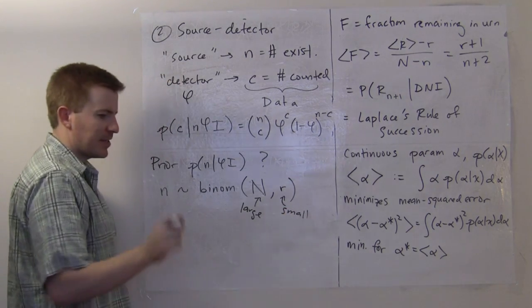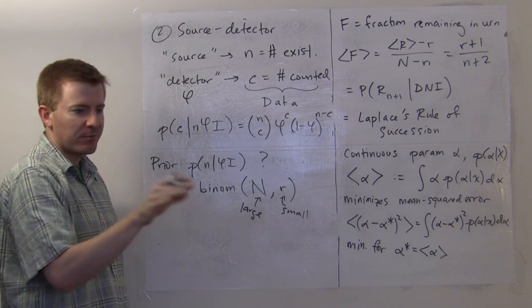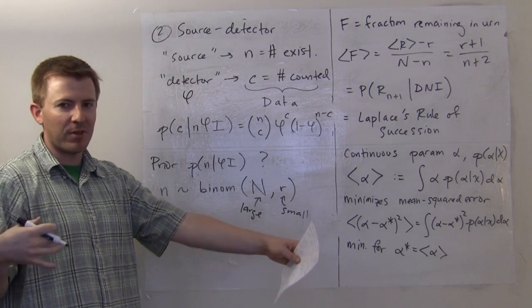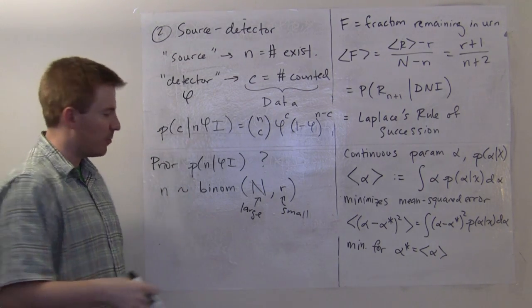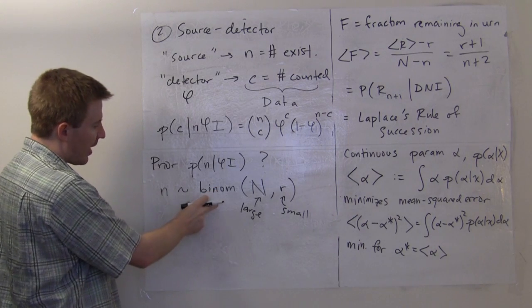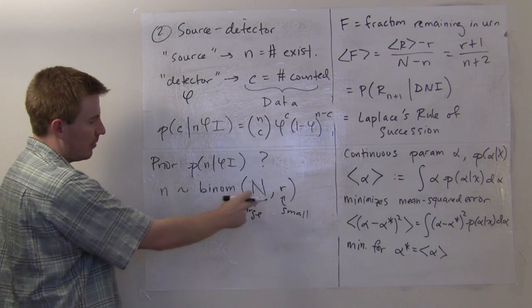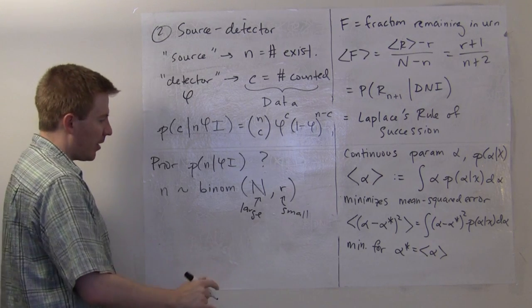Okay, so the assumption is basically each one has a very small probability of producing one of these things, but we have a large number of them all acting simultaneously and independently from each other. So in principle, that's a binomial distribution of the number that we get.